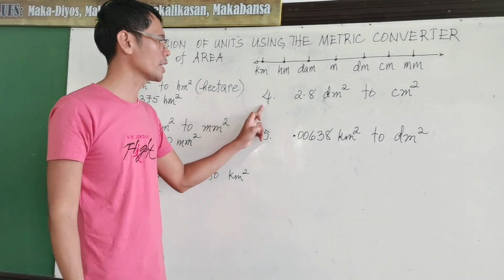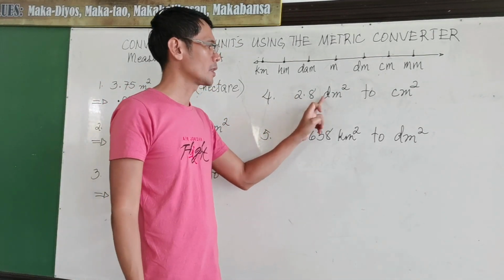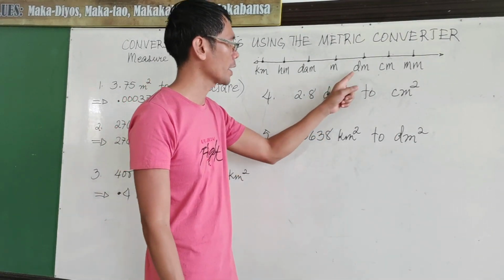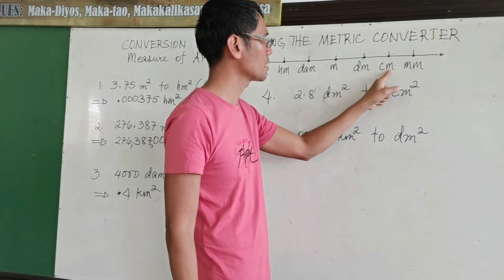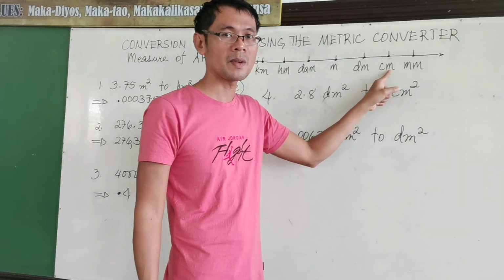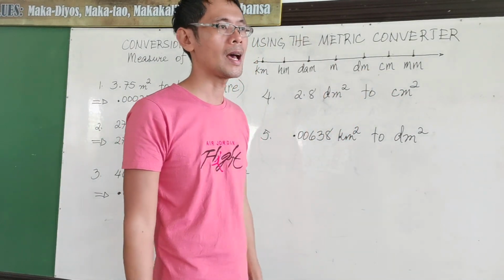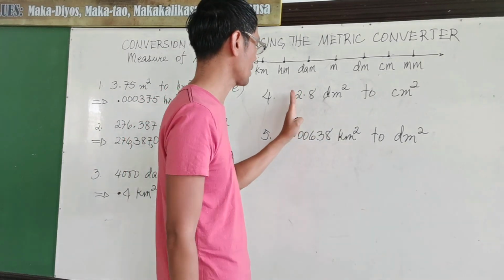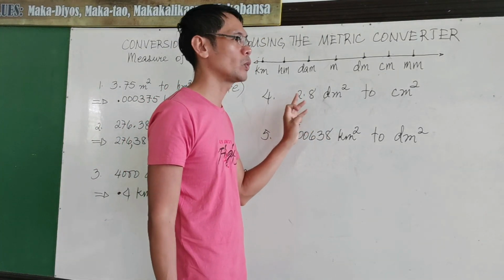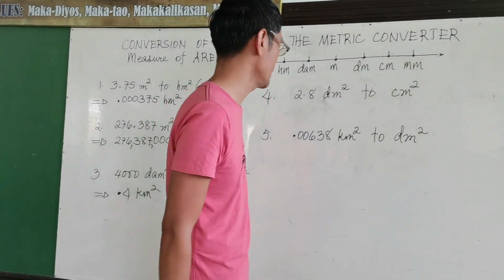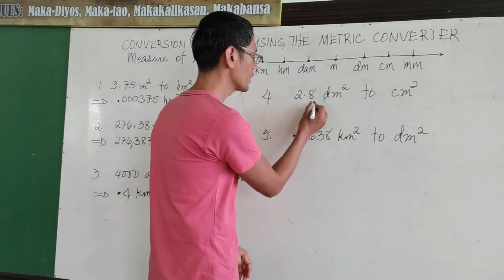Okay. Next, number 4. You are given 2.8 decimeter square to centimeter square. How many spaces do we have? We have 1 space times 2. So we will have 2 decimal places. This decimal point will be moved 2 decimal places going to right. So we have 1, 2.